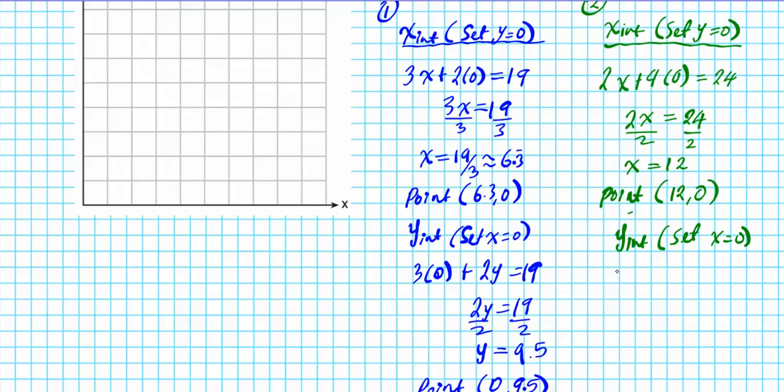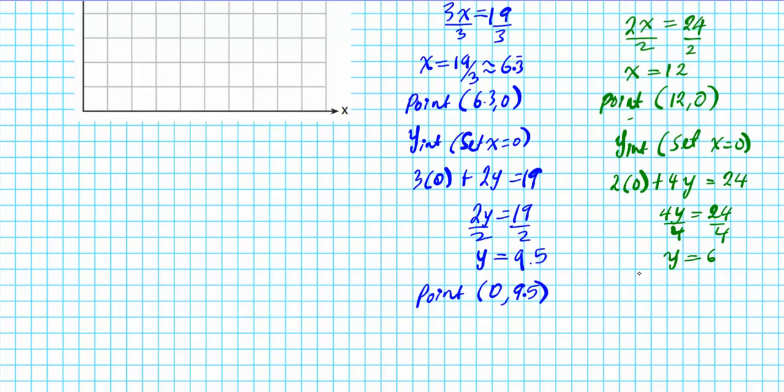So you have 2 times 0 plus 4y equals 24. That goes to 0, so you have 4y equals 24. Divide both sides by 4, and you have y equals 6. That yields another point, 0, 6.